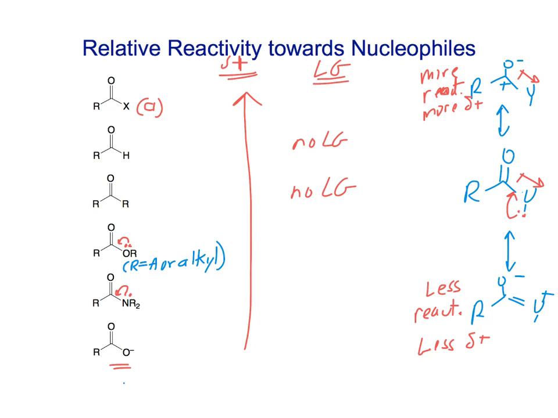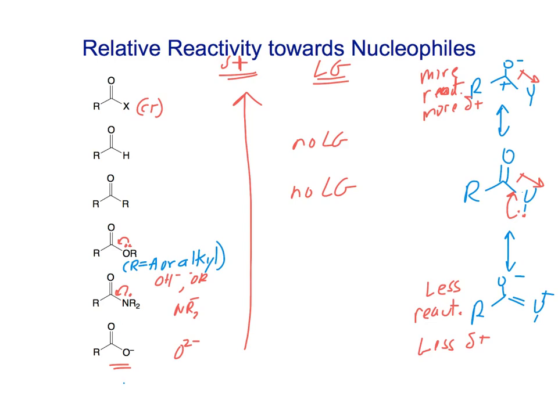But at the top we have chloride, then we have either OH or OR minus, hydroxide or alkoxide. Down here we have NR2 minus. Down here, what would be the leaving group for the carboxylate if we did it just like shown? It would be O2 minus.